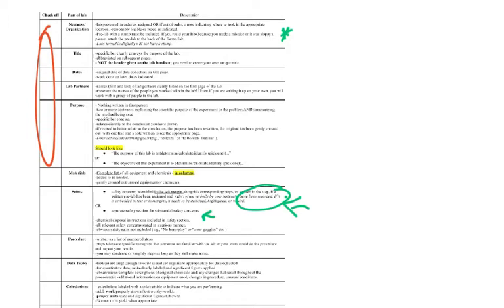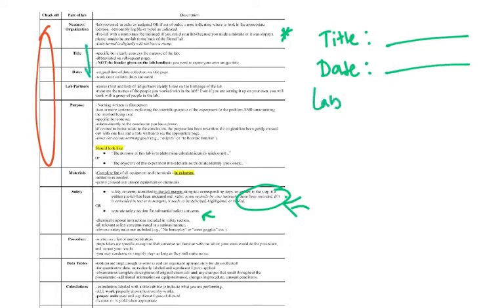It says that you can put labels for each section. So if you wanted to write title at the top and then put a little colon and then write your title. If you then after that wanted to put date with a colon, write your date. And then lab partners, notice I'm going in the same order as over here.